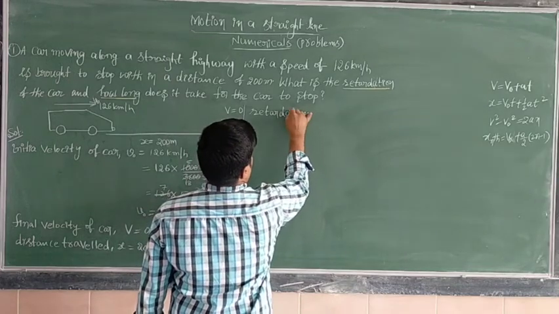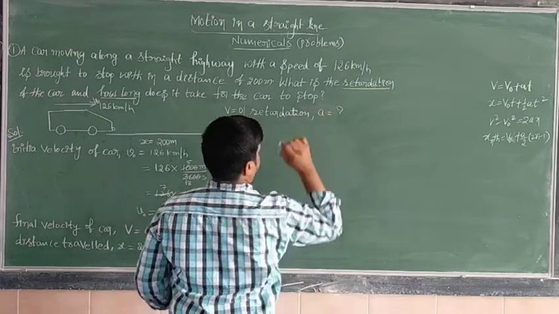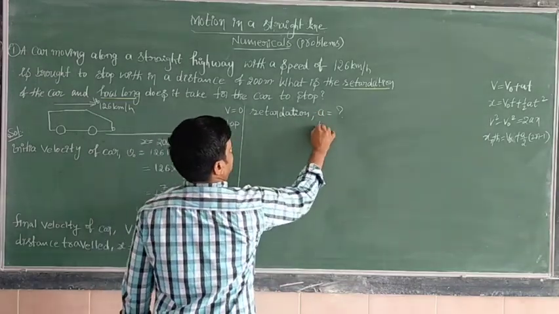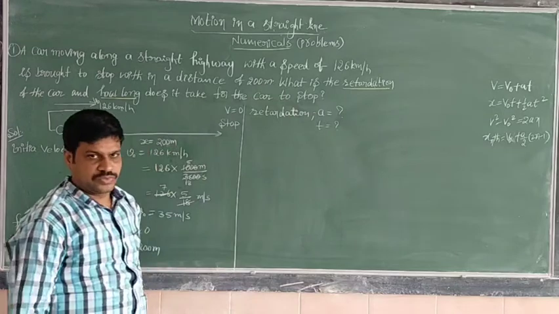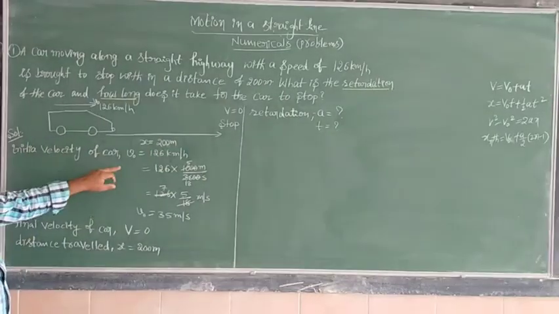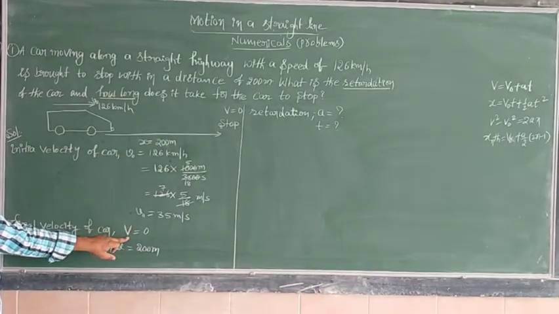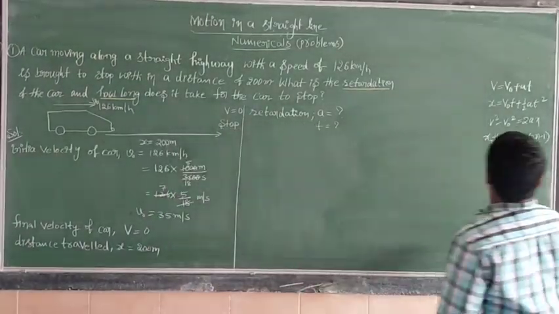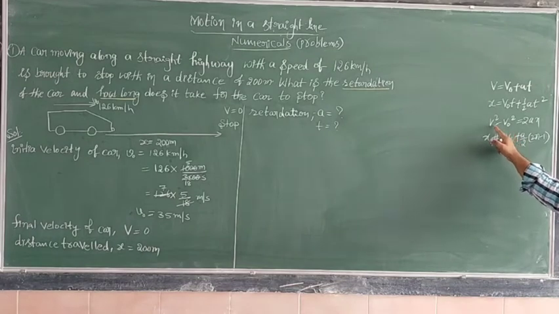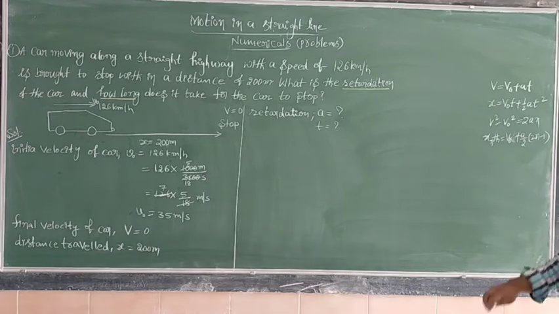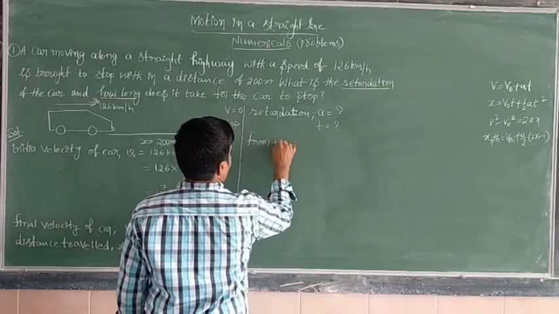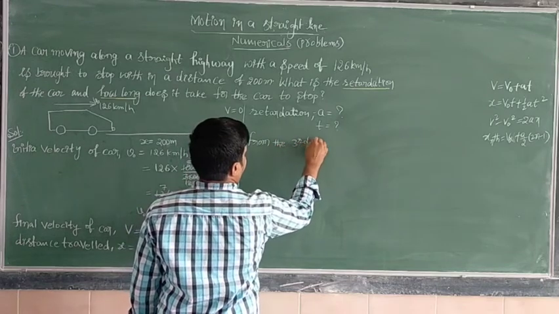Retardation, a equal to question mark, negative acceleration, and time is also question mark. Two things. Here, see, initial velocity is there, final velocity is there, distance is there. Which formula we have to use? Initial velocity, final velocity and displacement are there, so a we can find out. So look here, from the third kinematic equation.